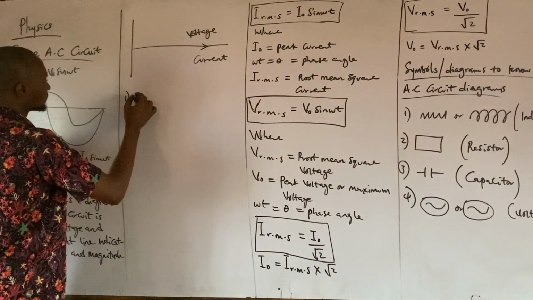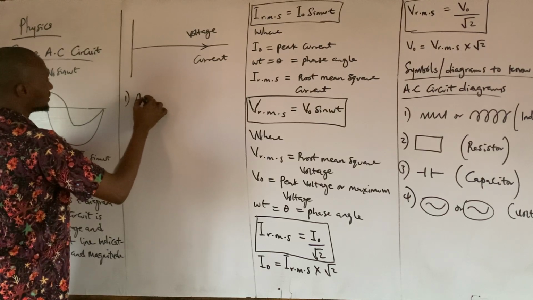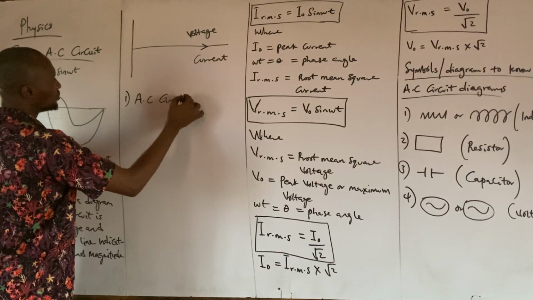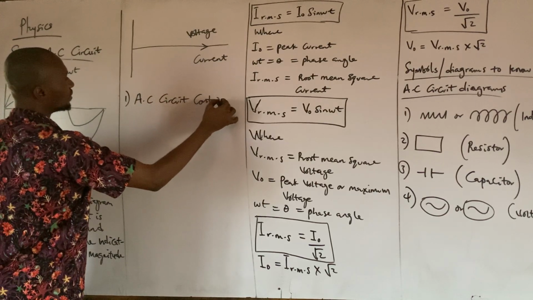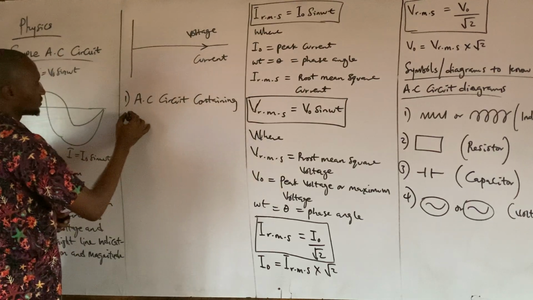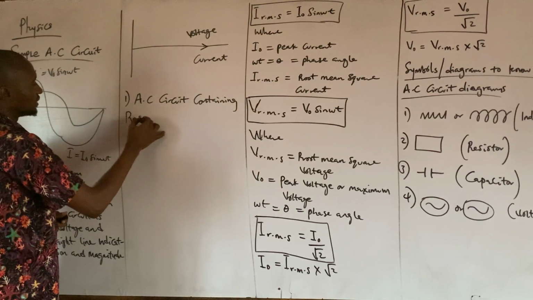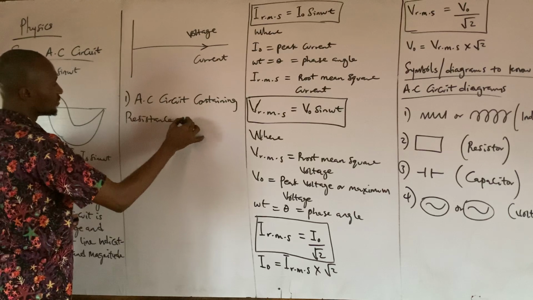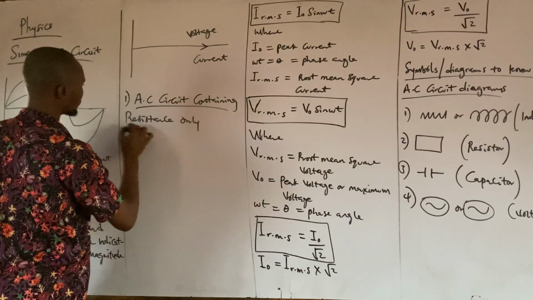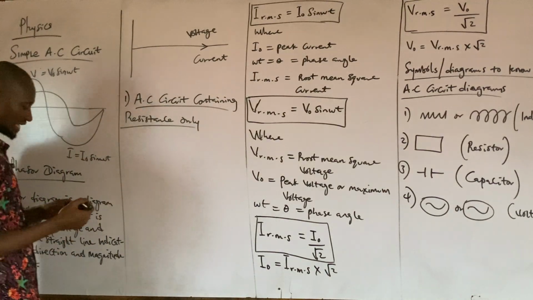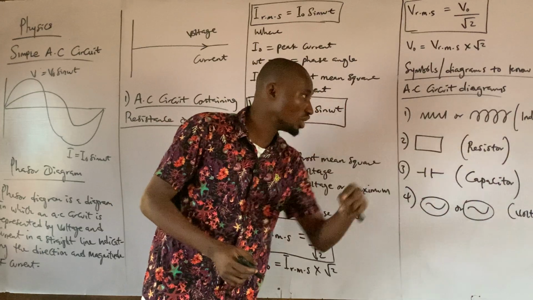Now, one, AC circuit containing resistance only. How do you draw the diagram? Remember, I have given you the symbol of resistance.